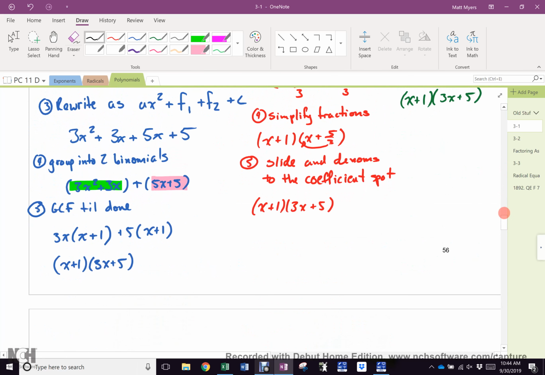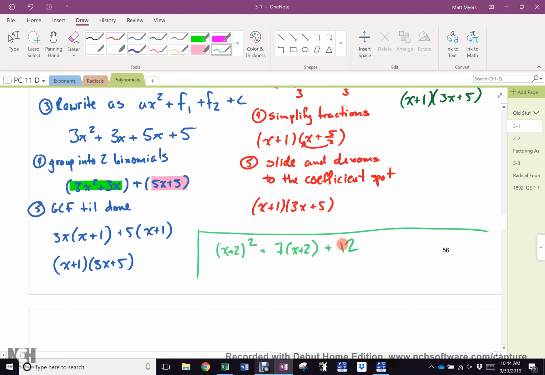The only other thing I want to talk about is something like this, and it won't take much room. You already saw it once today. (x plus 2) squared plus 7(x plus 2) plus 12.